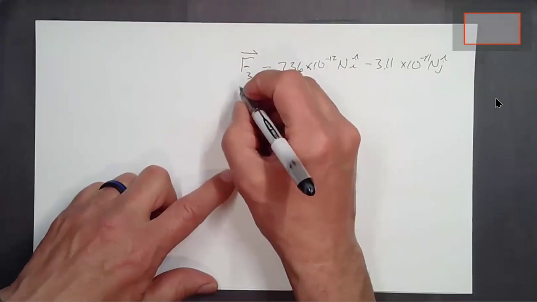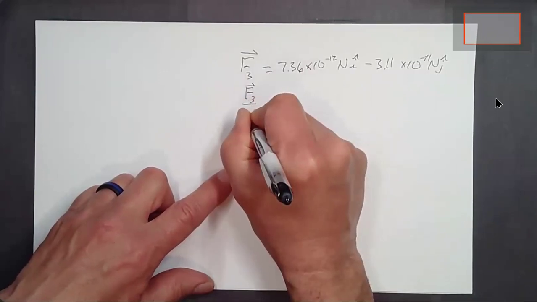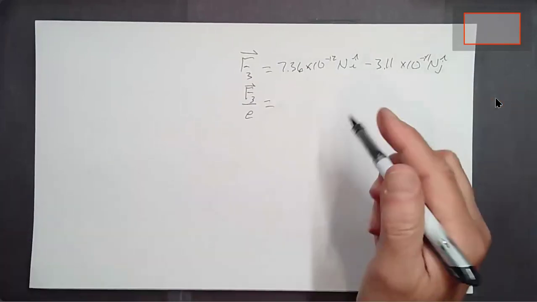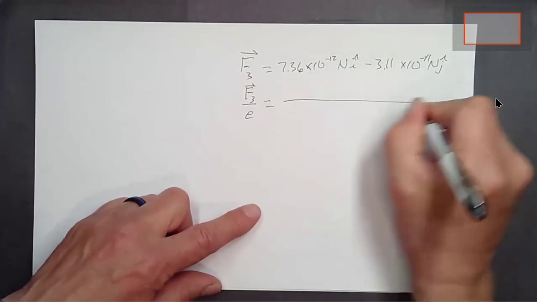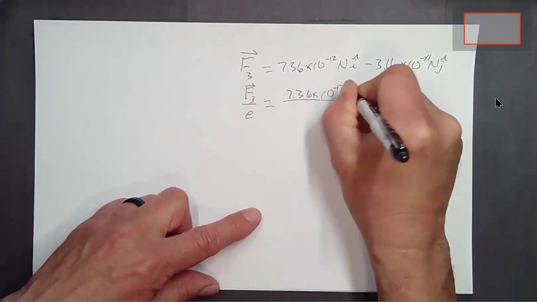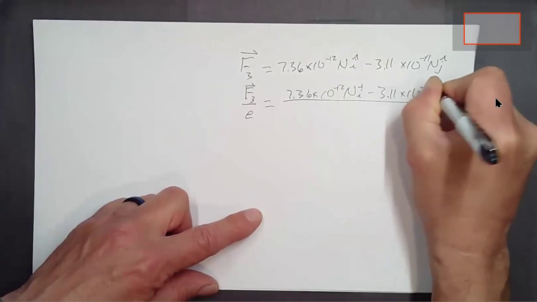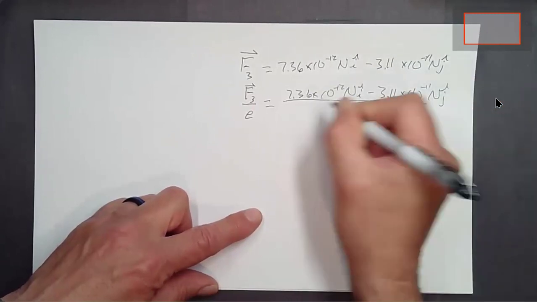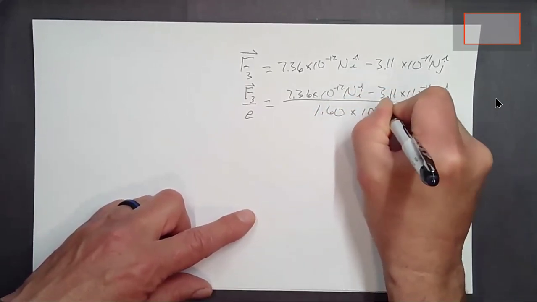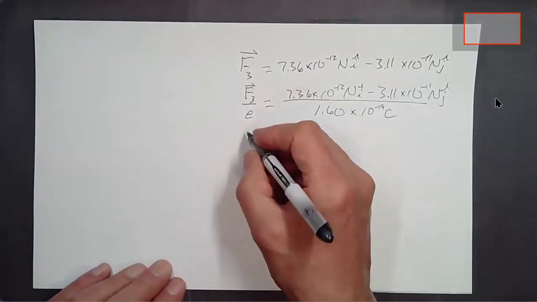If I divide that by the charge on a proton, F3 divided by just e, because that's the charge on a proton, I just take each of these numbers, 7.36 times 10 to the minus 12th newtons along i hat minus 3.11 times 10 to the minus 11th newtons along j hat, and I divide it by 1.60 times 10 to the minus 19th coulombs. And that'll give me the electric field at that point in space.